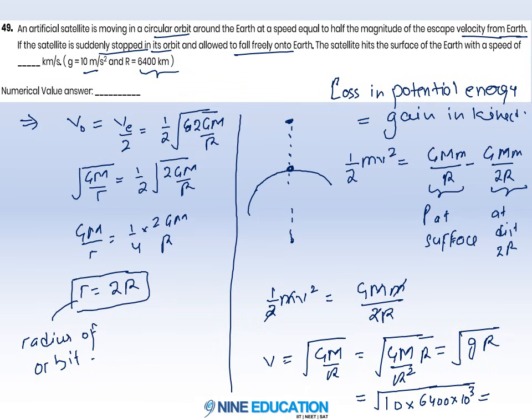From here we will get velocity in meter per second, and on converting into kilometer per hour you will get 7.91 kilometer per hour. So the approximated answer is 8 kilometer per hour.